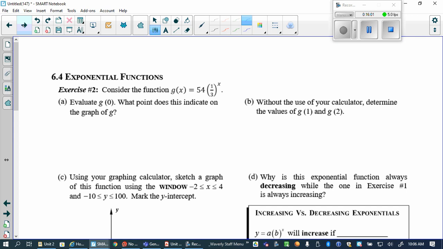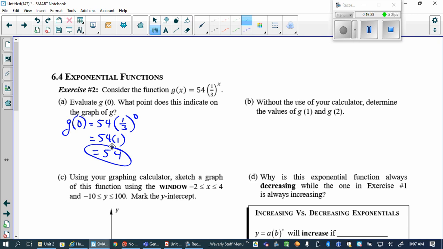So let's evaluate g of 0. It's 54 times 1/3 to the 0 power. What is 1/3 to the 0 power? 1. Times 1, which equals 54. Do you notice that this 54 is the starting amount?